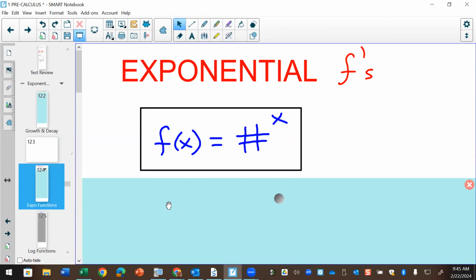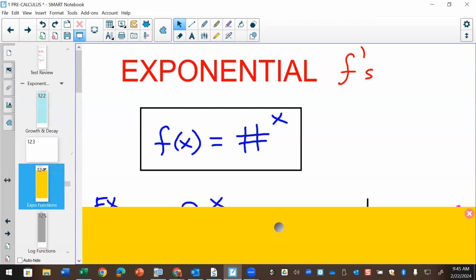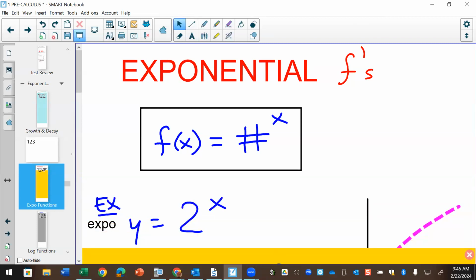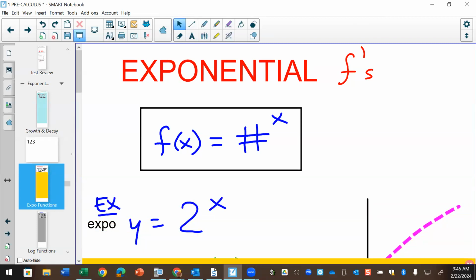How to take that form with the x upstairs. I'll call them expos, but the true name is exponential functions. And we're going to graph this. This is completely new for you guys, right?